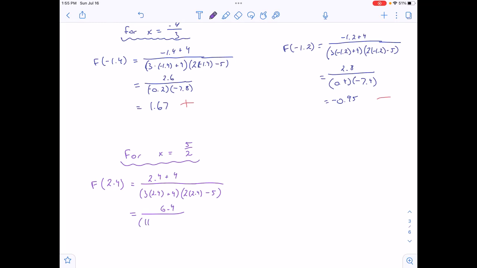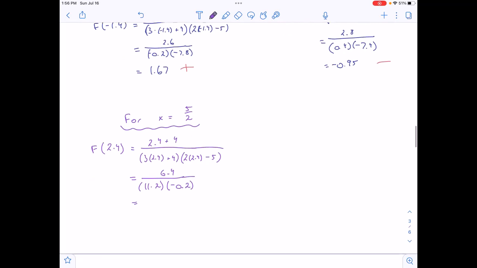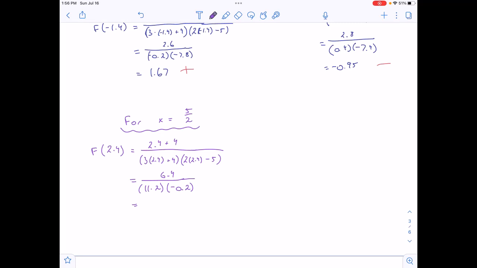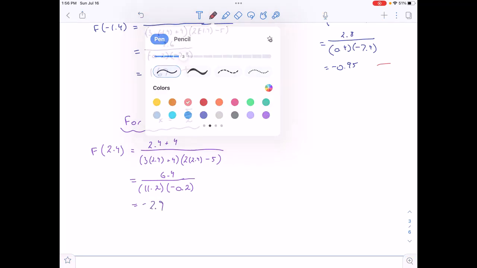And then I have 11.2 in my first bracket, and negative 0.2 in my second bracket. I'll do that division, but I think we can clearly see that it's going to be negative. This is about negative 2.9, so this one goes negative.